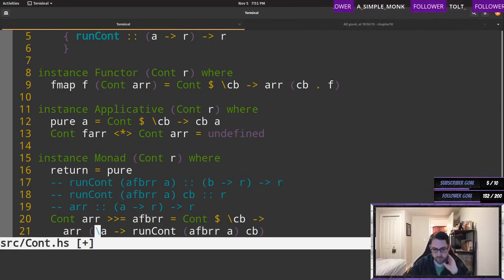So it's basically just like you're emulating this function. When somebody gives you this, at some point someone's going to give you this function, and you need to be able to thread it into the next continuation, basically. Maybe that's not the right way to say it, but maybe it's close.